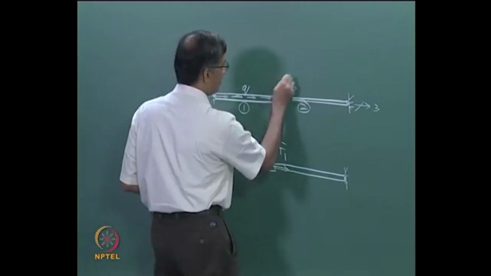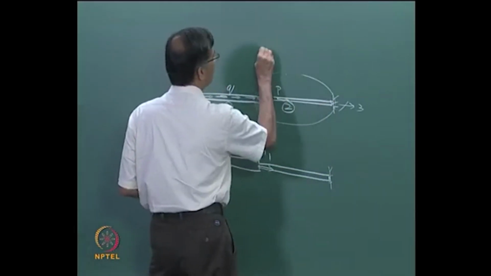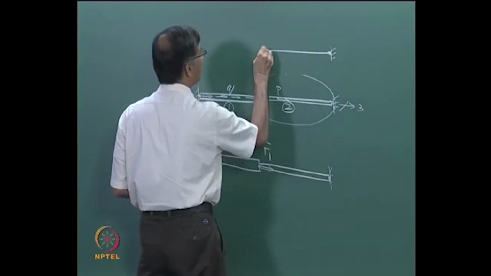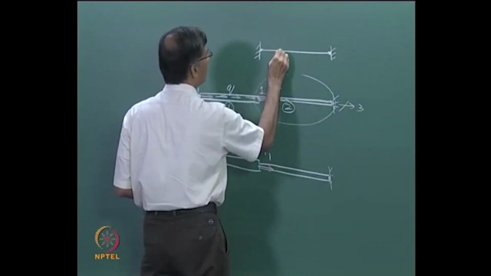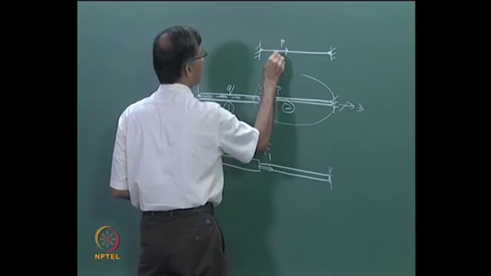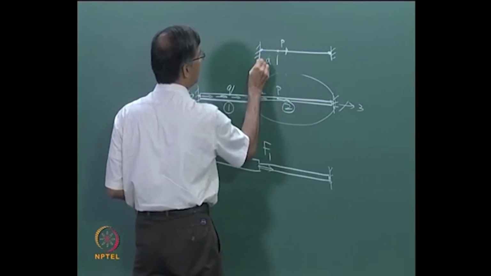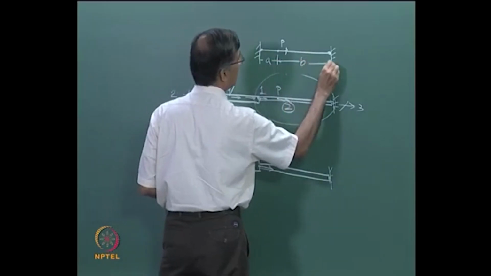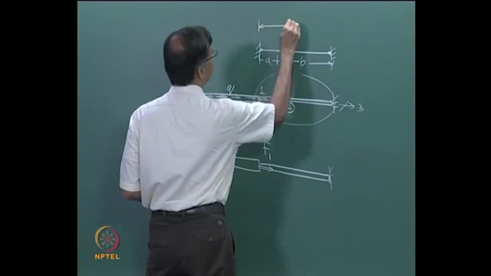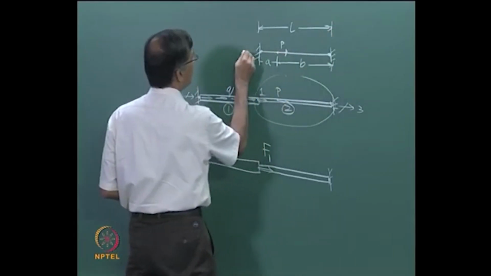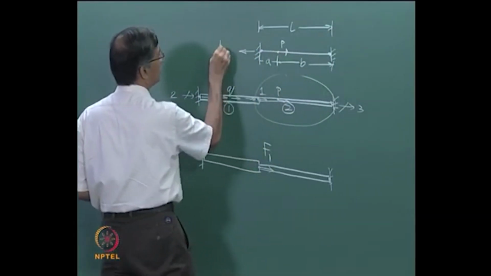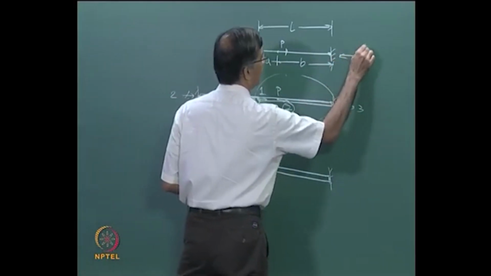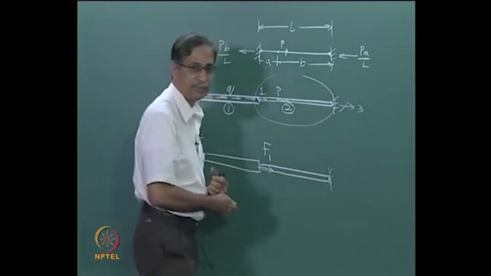Take this for example. You have an element here, you arrest this degree of freedom, arrest this degree of freedom. If you apply a force here P, this distance is A, this distance is B, this length is L, we know that you will end up with a force here which is PB by L, PA by L, right.